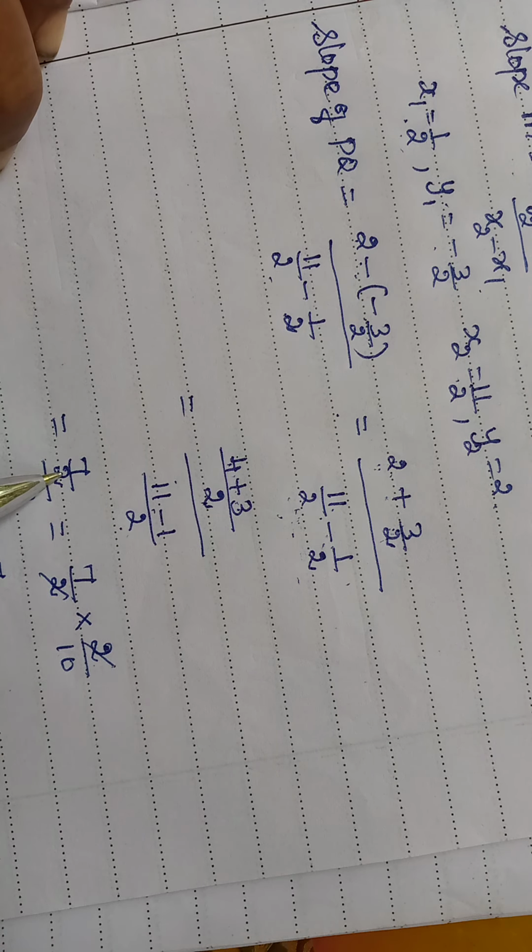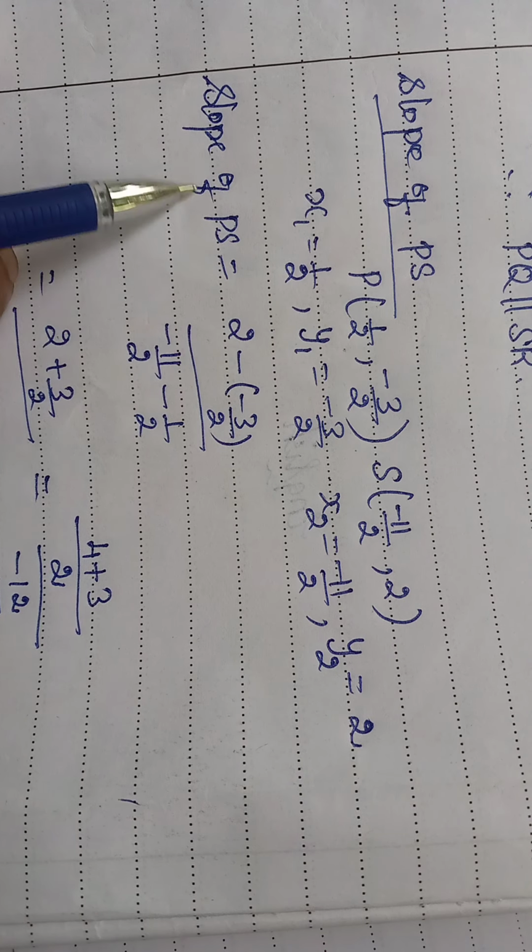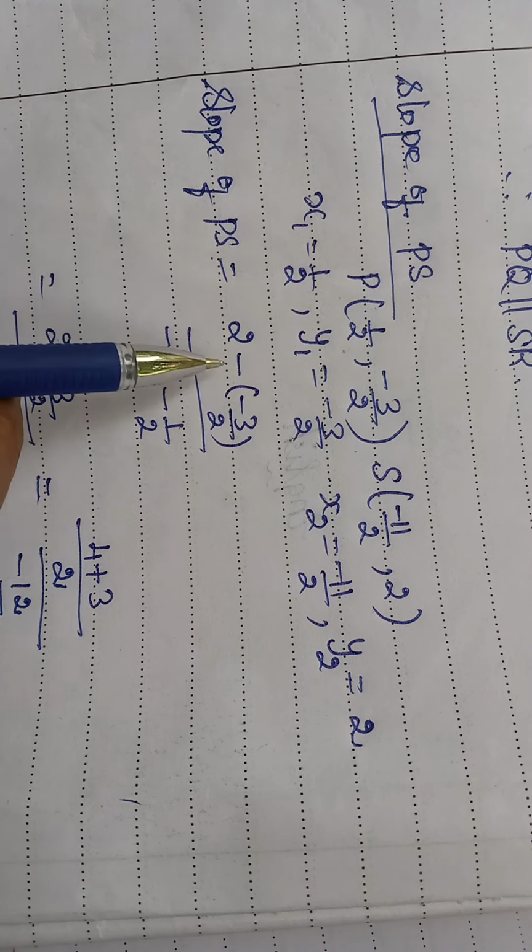Similarly, we can find the slope of PS, that is P of 1 by 2 comma minus 3 by 2 and S of minus 11 by 2 comma 2. So slope of PS is equal to y2 minus y1 by x2 minus x1. Here minus into minus is plus, so 2 plus 3 by 2 divided by minus 11 minus 1 by 2.